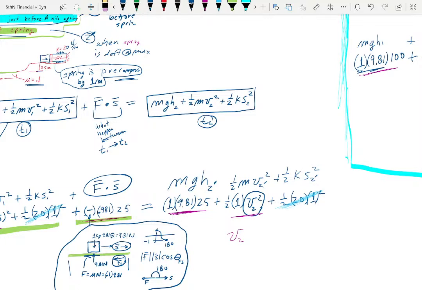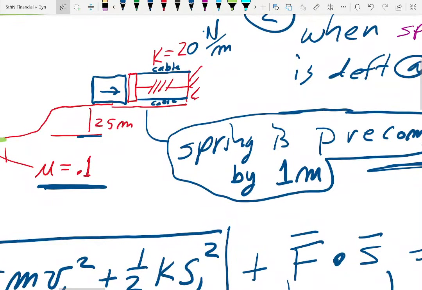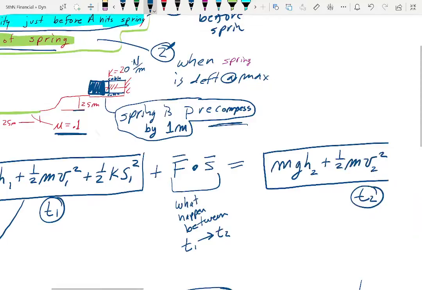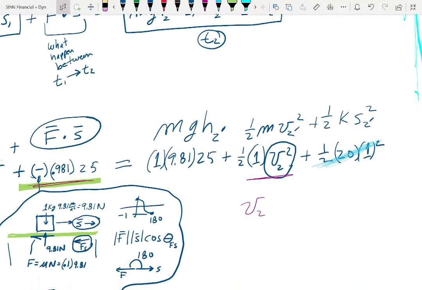State 2 primed is the spring compressed. So it would be as if this block here is actually compressing this spring back, and the spring is compressed back here. So when is its maximum? Hang on.